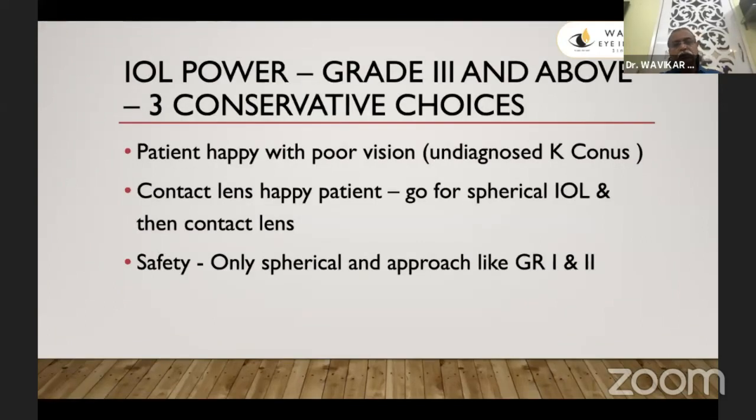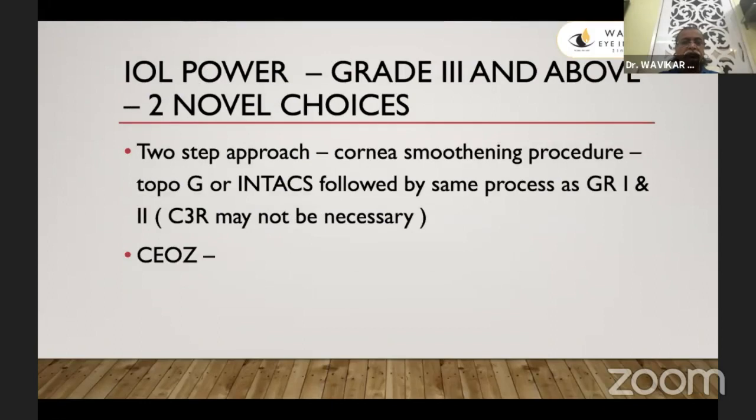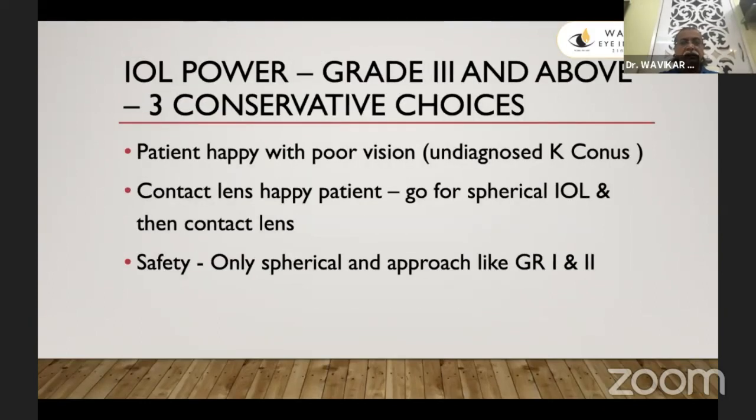Then we go to conservative approaches. So in IOL power for grade 3 and above, first we saw the two novel approaches. This is the slide: the two-step approach and CEOZ that I explained. And now we go to conservative approaches. Why do you require conservative approaches? Three reasons. Number one, the patient is very happy with poor vision, undiagnosed keratoconus.